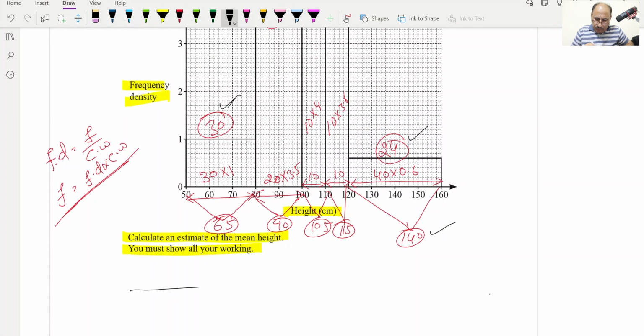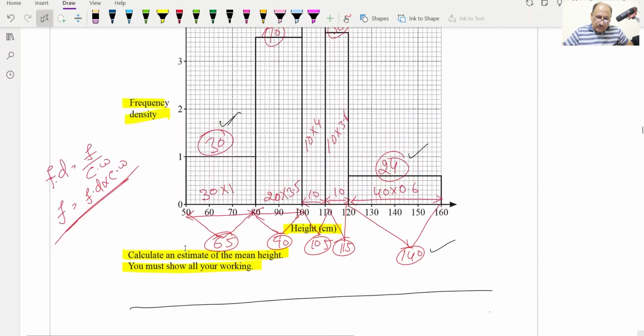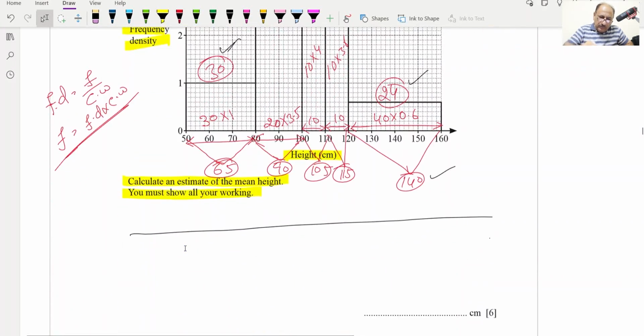To estimate the mean, we will be multiplying this height, which is 30, with 65.